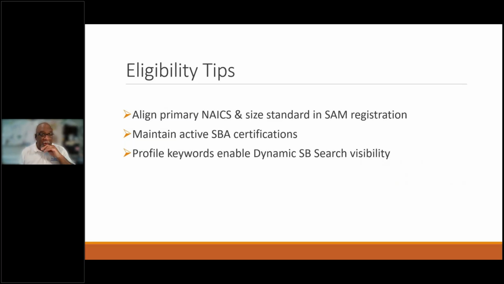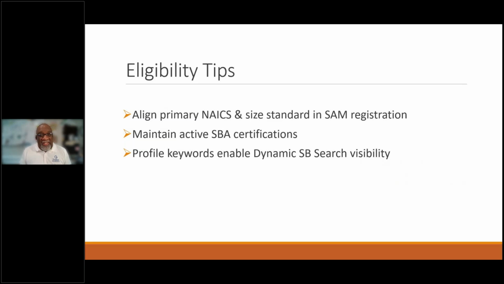Here's an example. My primary NAICS code 611430, education and training. That size standard is $16 million of annual revenue. I have a client that's in the man-made fibers business. They make fiber inserts for things like diapers and surgical hats, surgical gowns, booties.